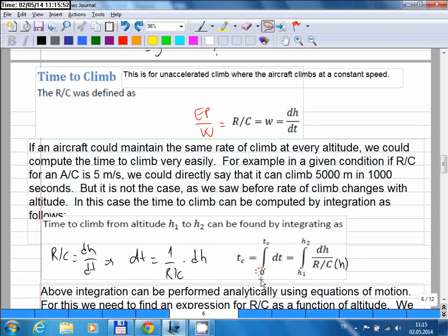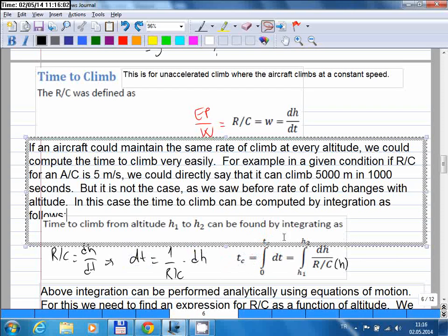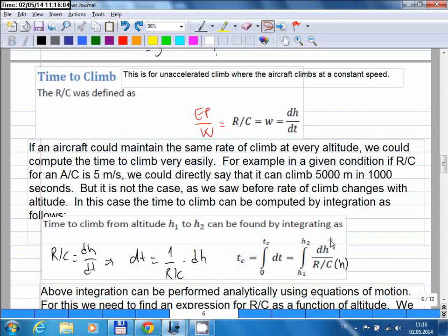You start from 0 and do the integration up to Tc, which is the time to climb. On the right-hand side, you perform the integration between two altitude limits. The starting limit is h1, the initial altitude, and the end limit is h2, the final altitude.